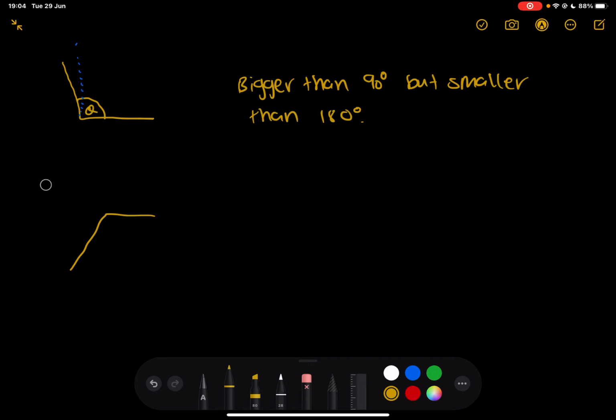So these look like this. The 90-degree line is there. So the reflex angle is this one. Okay, these are bigger than 180 degrees.